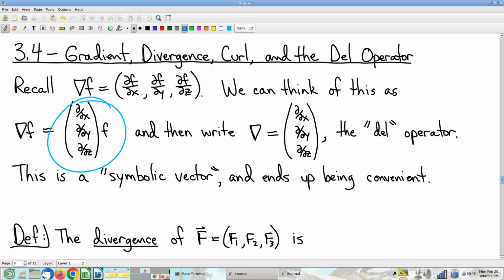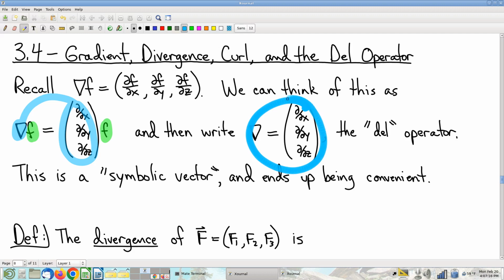So once we've done that, then we can distinguish between the function that I'm taking the gradient of versus this operator, this vector of partials, this operator that I'm applying to f to get the gradient. This is called the del operator.